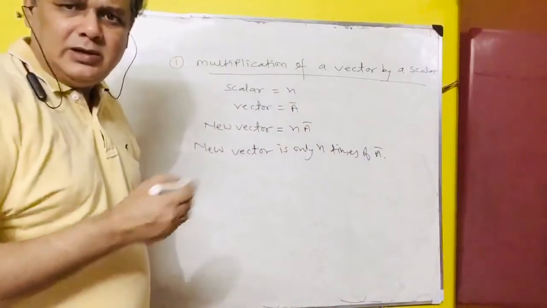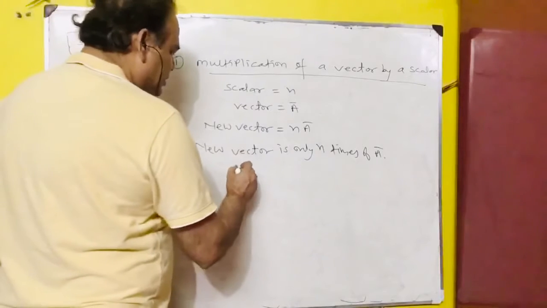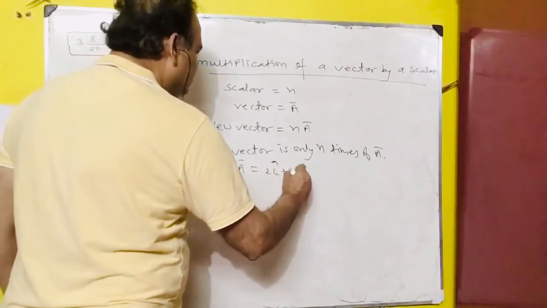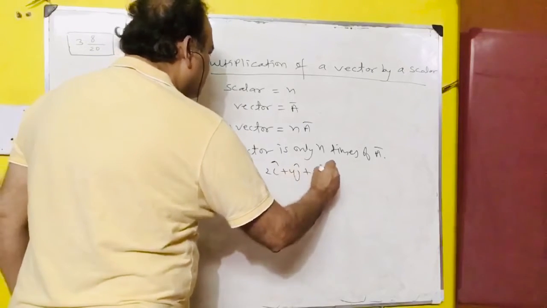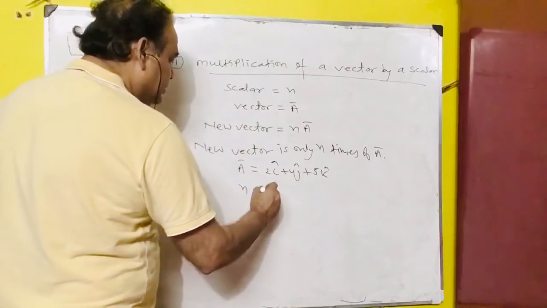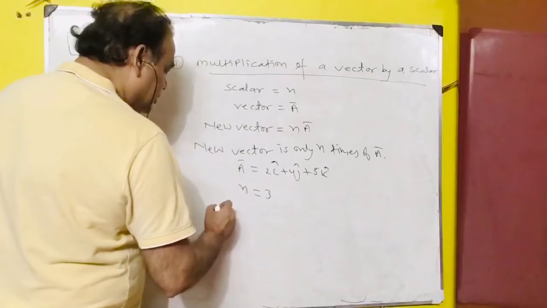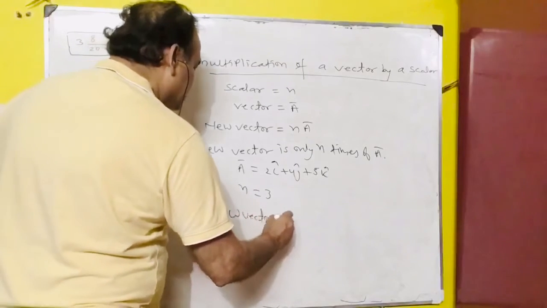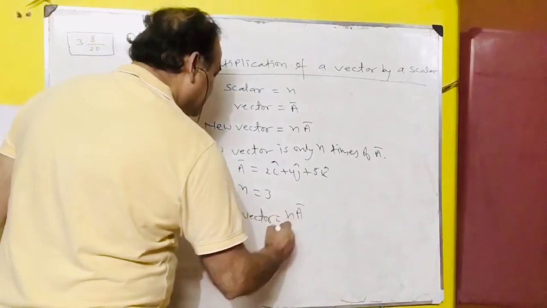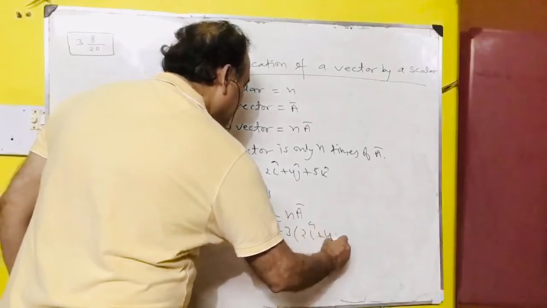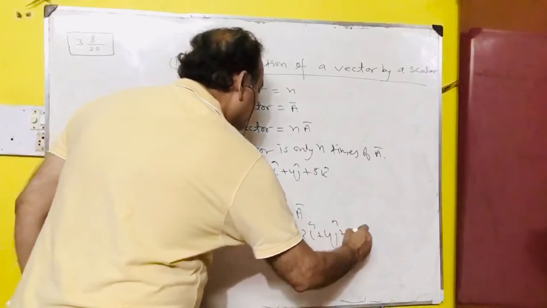Just like suppose you have a vector equal to 2i plus 4j plus 5k, and you have to multiply it by a number 3. So what is your new vector? Your new vector is n a, that is 3 into (2i plus 4j plus 5k).